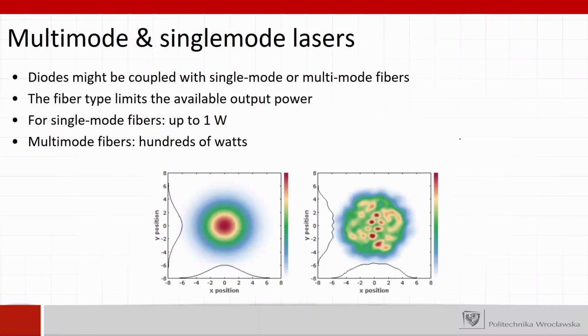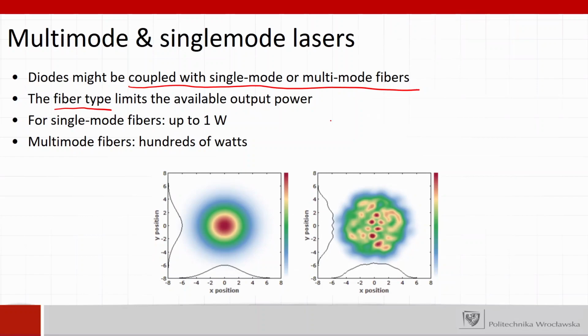What is important about fiber-coupled semiconductor lasers is that these diodes might be coupled with a single mode or a multi-mode fiber. In general, the fiber type that we are connecting, either single mode or multi-mode, limits the available output power.